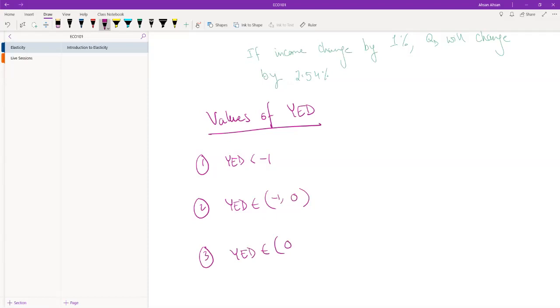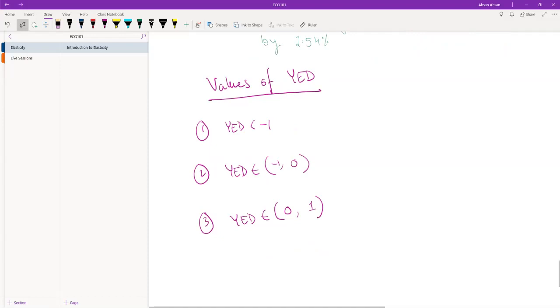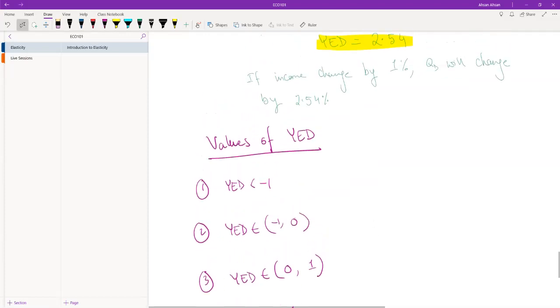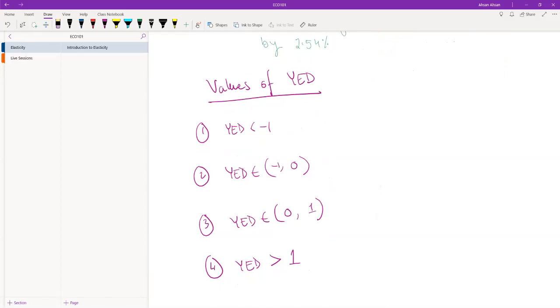YED can be between 0 and 1, or YED can be more than +1. Okay. So let's talk about these two first. Or actually, no, let's talk about 3 and 4 first. I should have written it in a different order.